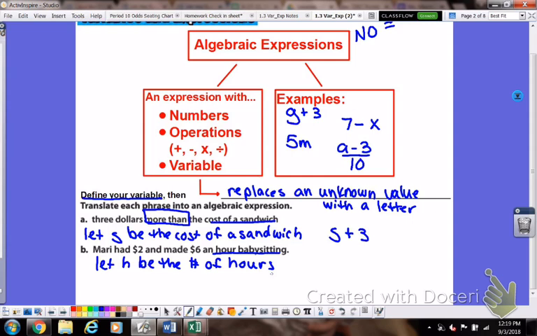Now she had $2 and made $6 an hour babysitting. So if she had $2, we're going to start with that $2. Now she's making $6 an hour more, so plus $6 per hour, that means multiply, so plus 6H. 2 plus 6H. There's our expression there.